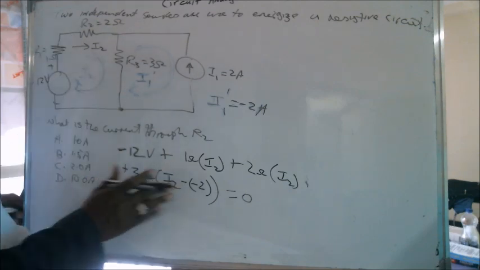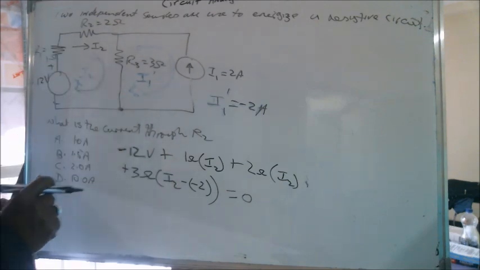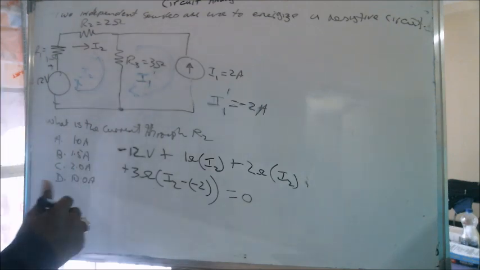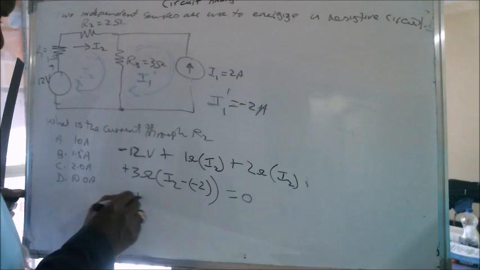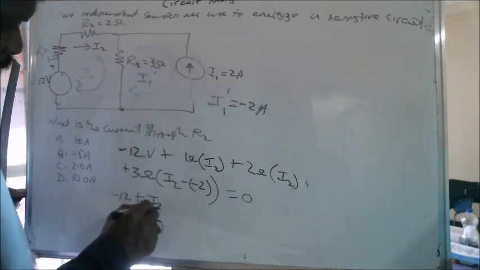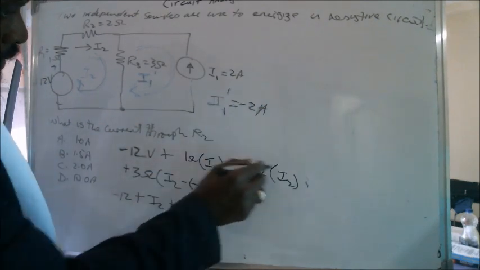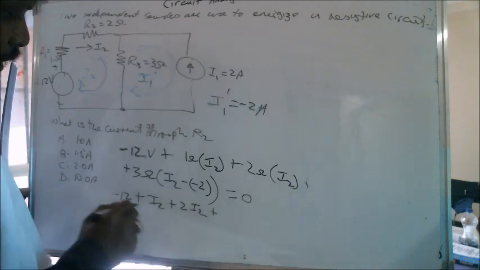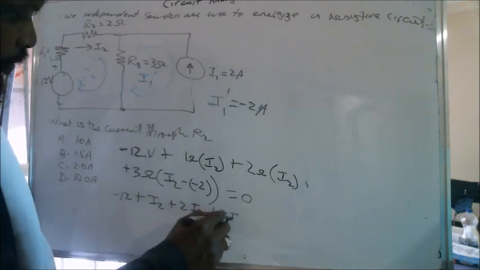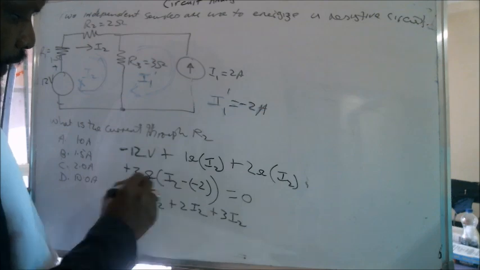Let's work it down a little more: minus 12 plus I2 plus 2I2 plus 3I2 plus 6 equals 0, because minus minus becomes plus.